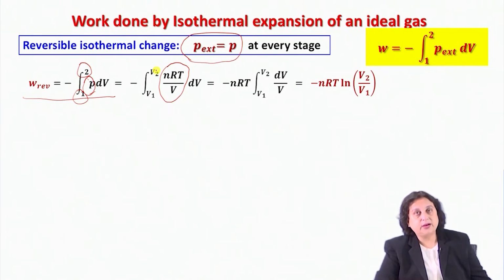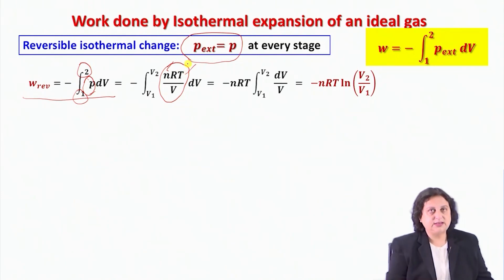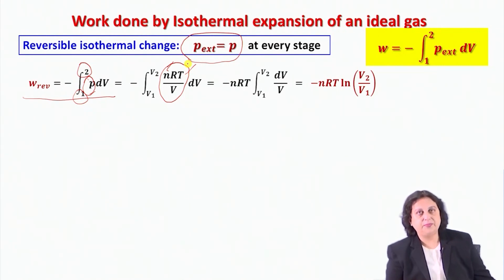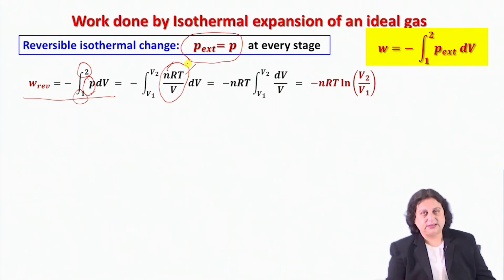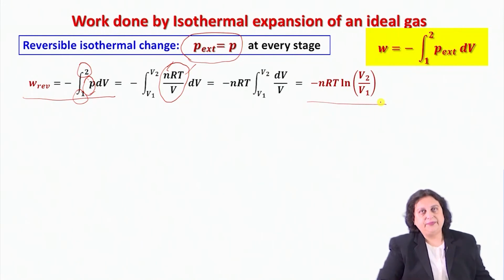So if I have a closed system, n is constant. If I have an isothermal process, then T is also constant. So I can take nRT out of this integration and carry out the integration of dV over V. And the result that you already know is minus nRT ln V2 by V1.